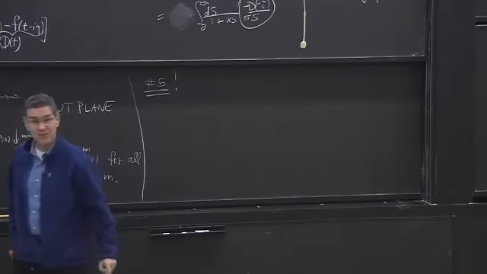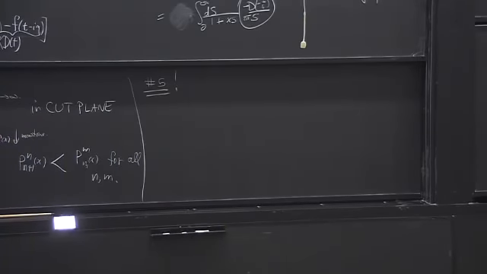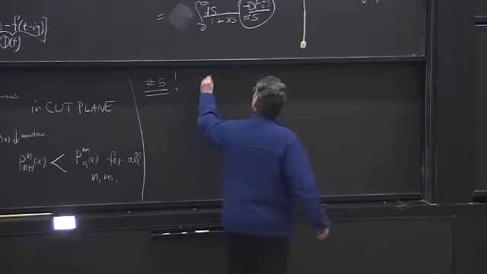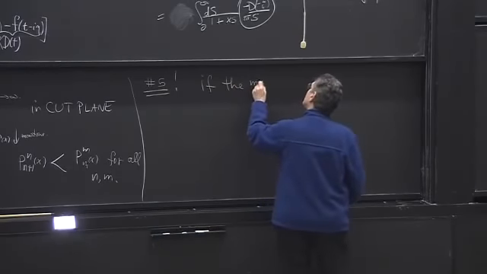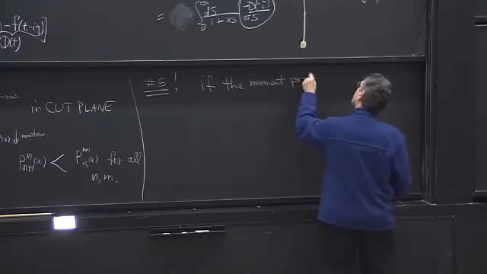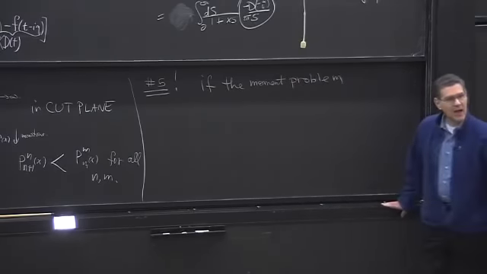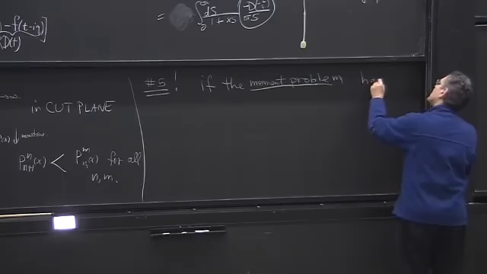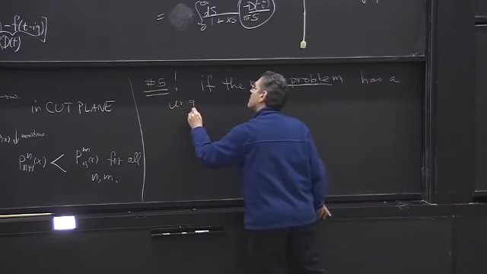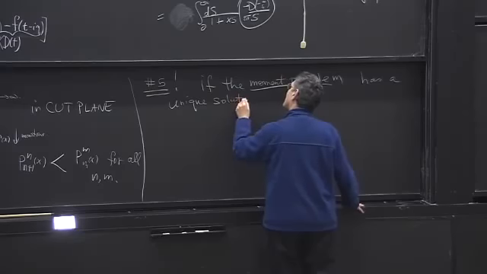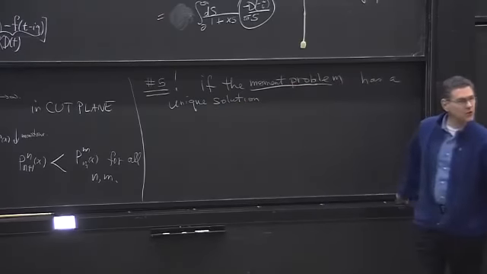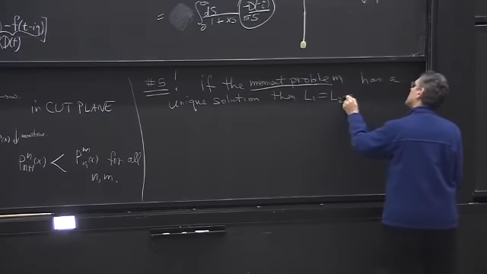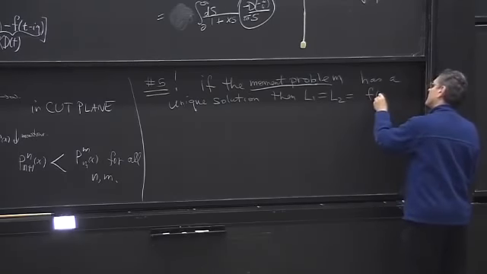Sorry about that, but this will finish the lecture. What's the 5th thing? Well, an easy way to say it is, if the moment problem has a unique solution, so this is a technical term, then the upper limit equals the lower limit equals the correct answer, equals f.